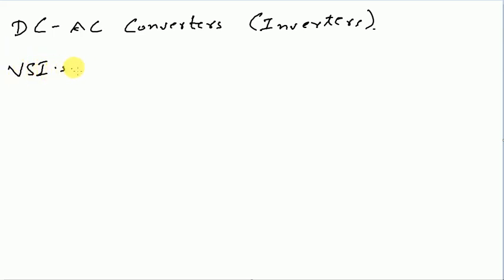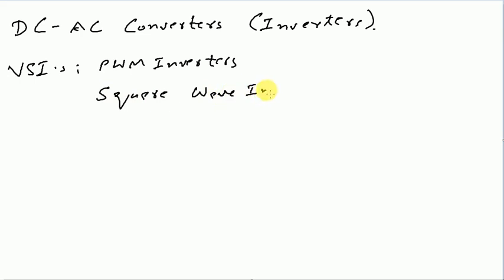The voltage source inverters can be categorized as PWM inverters. Then we had mentioned the square wave type inverters. And then there was a third category, not very common, but of course it does have some limited applications, that is single phase inverters.